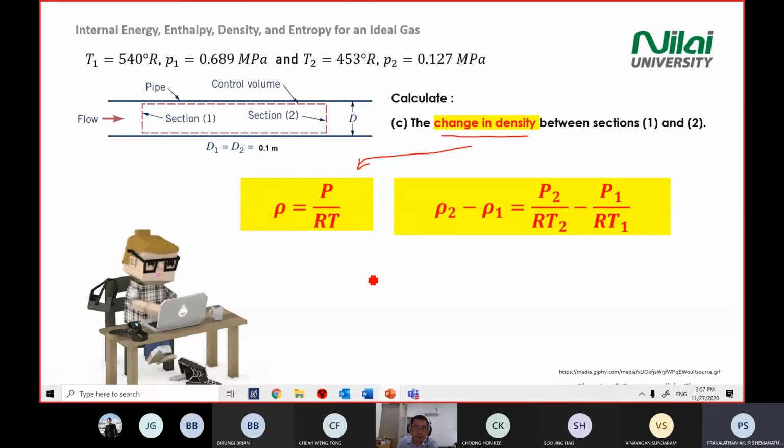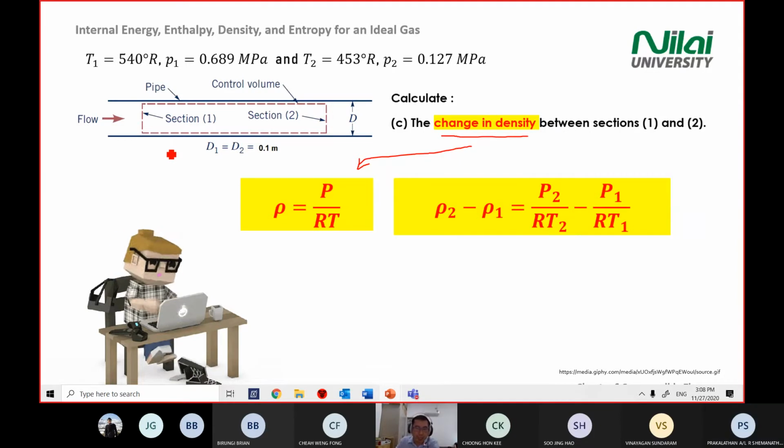Can we use for this question the isentropic flow relation, that rho 2 over rho 1 equals a temperature ratio? You can, you can use that one, but it will be more complicated. So in this case, we straight away use the equation of state for this straightforward question.